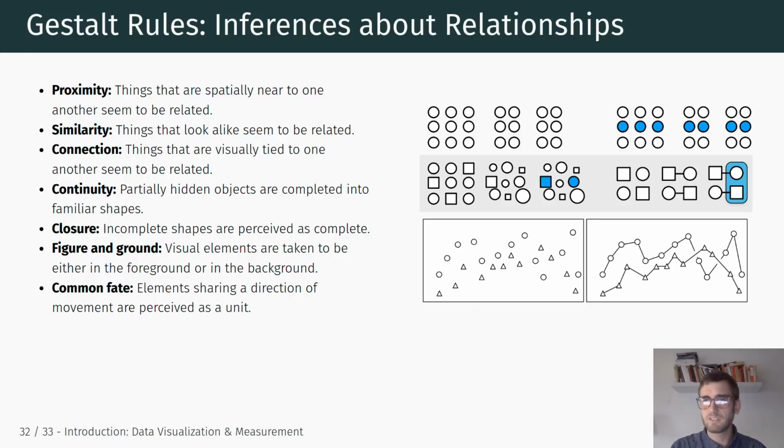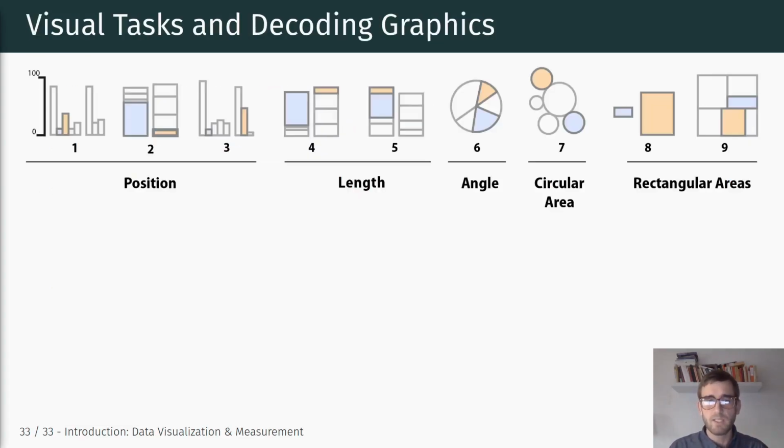And there are a couple of interesting studies on the effectiveness of how easily people can actually decode graphics and make these comparisons based on certain graphical representations. This is one example of one of these studies where people were asked to evaluate which value, either the blue or yellow value, represents a larger value, and so there are different types of comparisons that can be made.